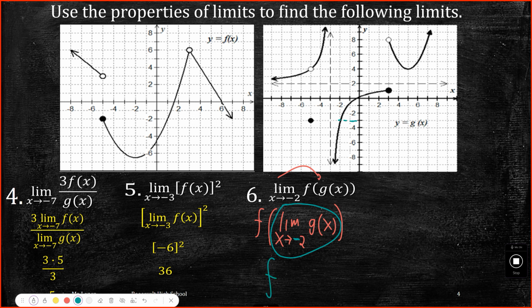So now we got f of negative 3. What's f of negative 3, everybody? Negative 6. Yes? F of negative 3, now we're just doing the output of negative 3, is negative 6.